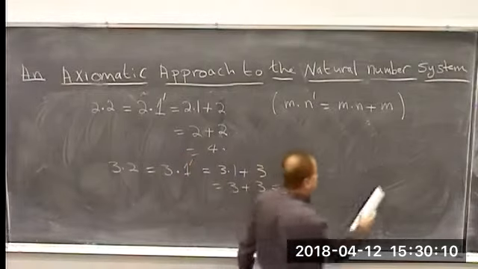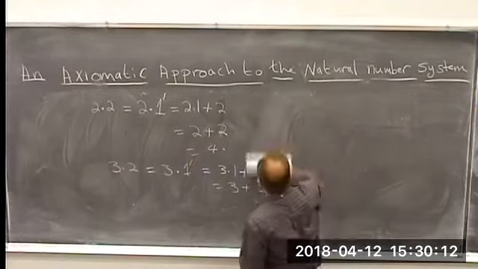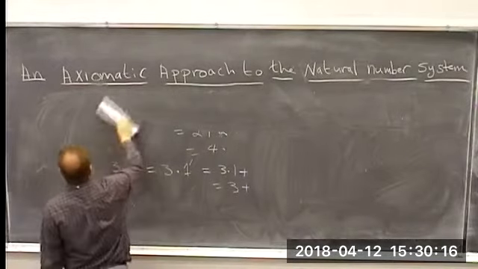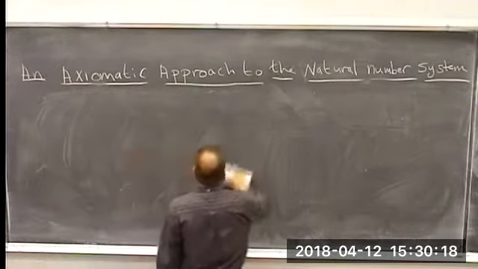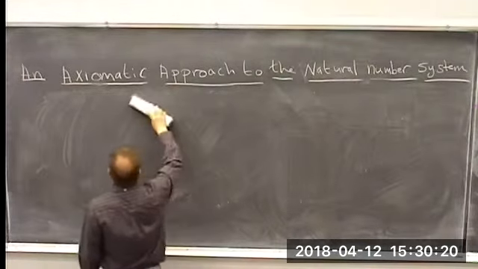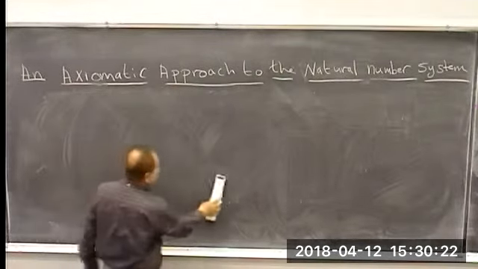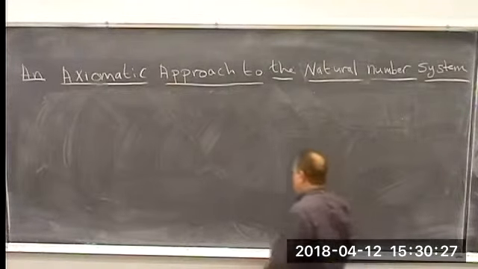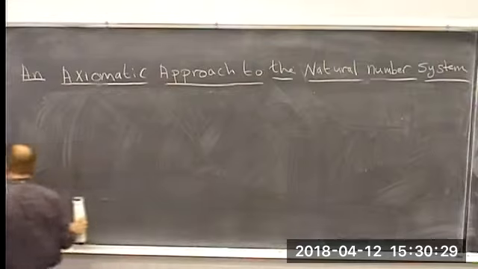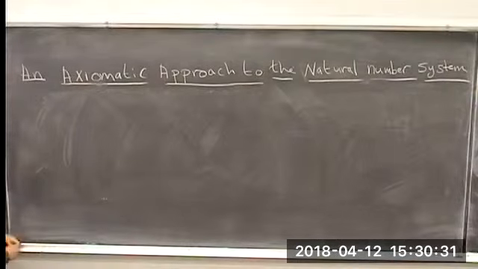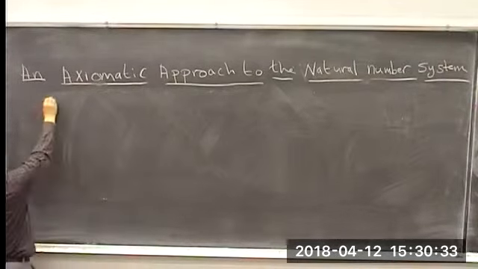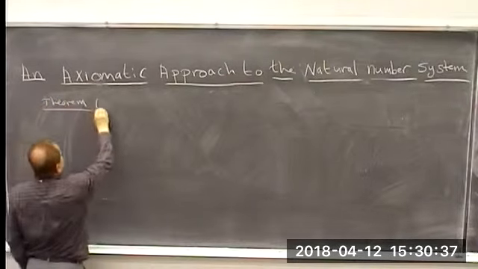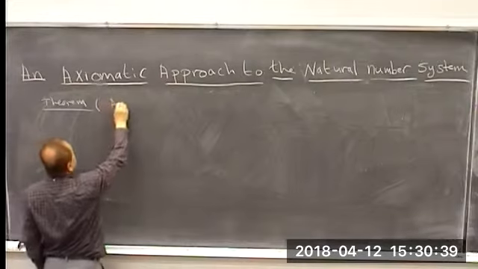Next thing we're going to show is that the rules or the properties of addition and multiplication, some of them, we can actually derive from the axioms and the definition of addition and, of course, multiplication. So let's just start with the first theorem. And we're going to show in this that addition is associative.